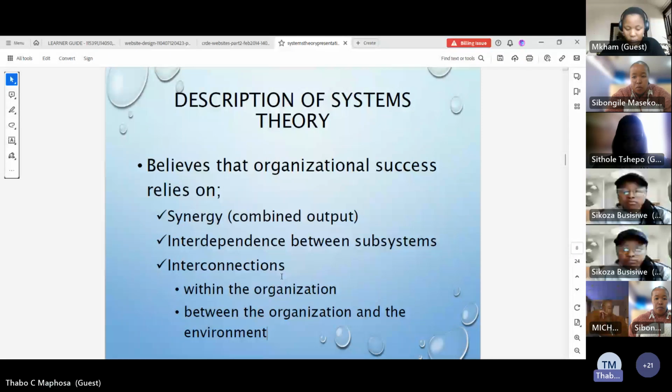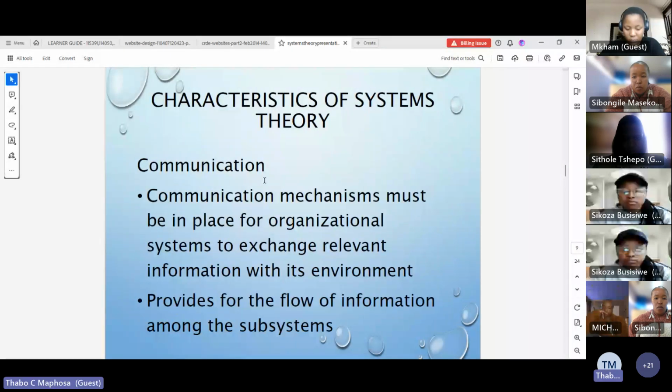Now, the characteristics of the system begin with communication. A communication mechanism must be in place for organization systems to exchange relevant information within their environment, providing for the flow of information among the subsystems. Communication is paramount. Without communication, a business dies, because each subsystem needs to communicate with the others.